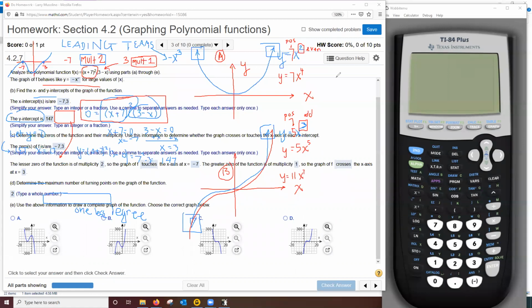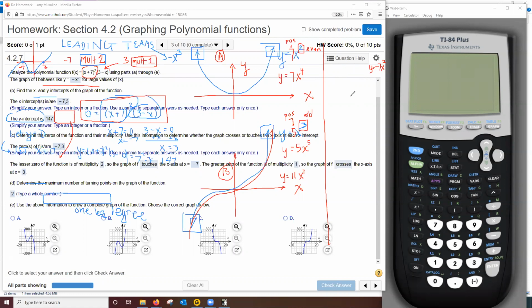All right? But what if I make the leading term be negative? Let me come over here. What if I made the graph be y equals -7x squared? Well, you might remember when you put a negative in front of a function, it transforms the graph by reflecting it across the x-axis.